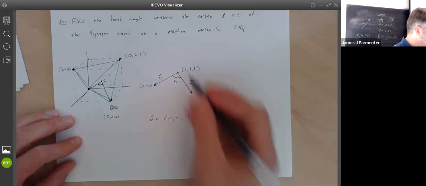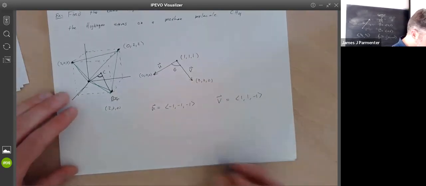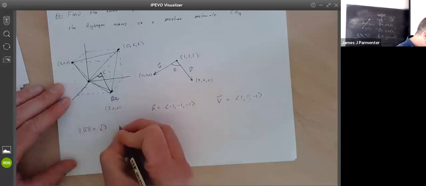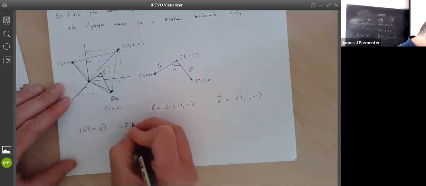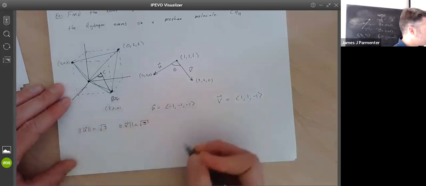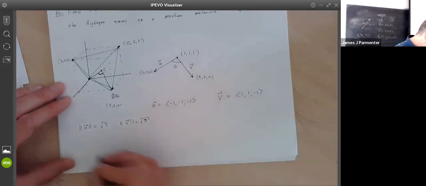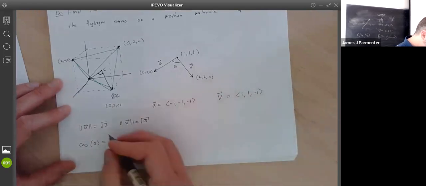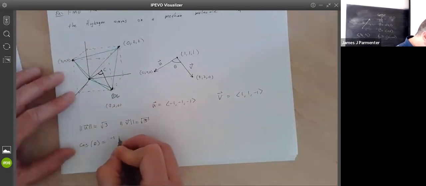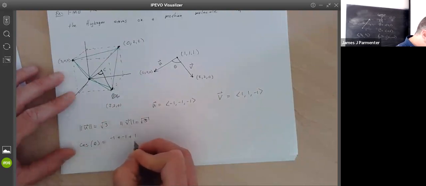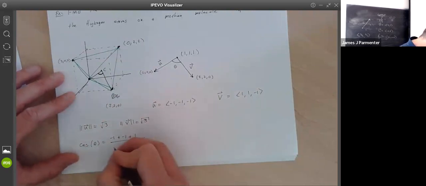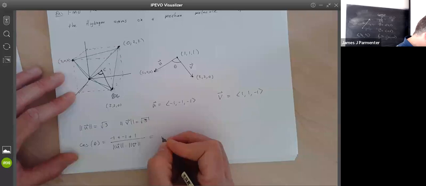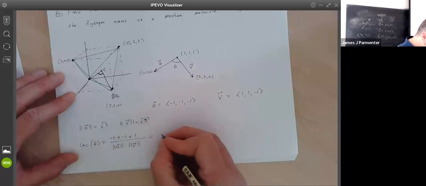And then the angle between them, well, let's find the magnitudes. The magnitude of u is going to be the square root of 3, and the magnitude of v is also the square root of 3, square root of 1 plus 1 plus 1. Then finally, the cosine of the angle between these two vectors is going to be u dot v, so -1 plus -1 plus 1, all over the magnitude of u times the magnitude of v, which is going to end up being -1/3.